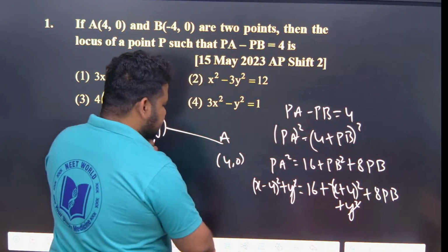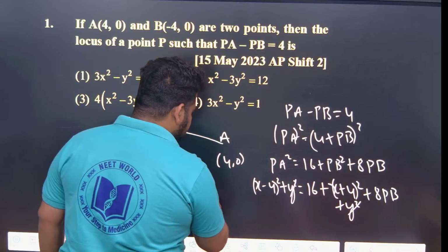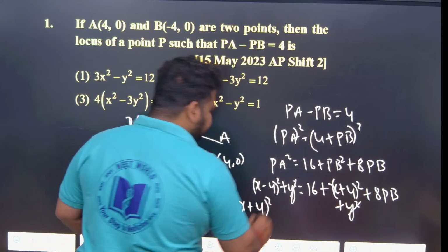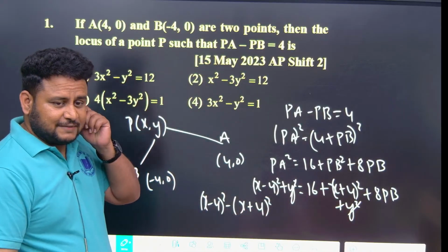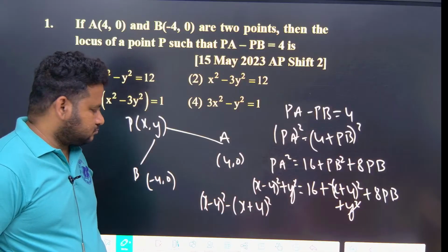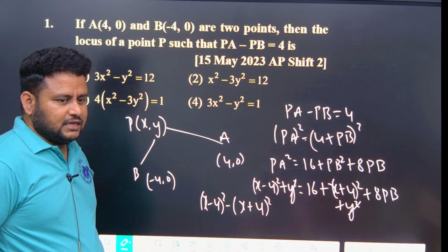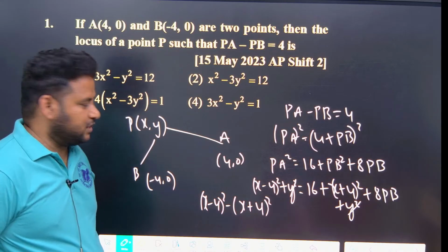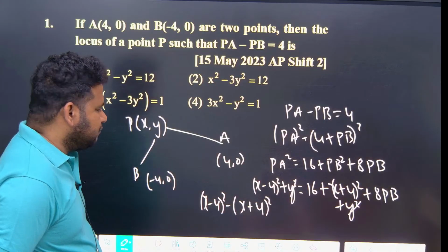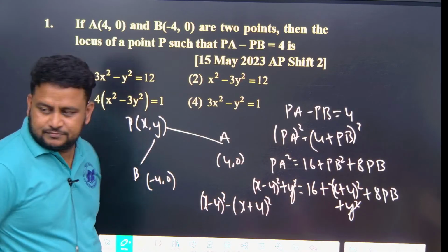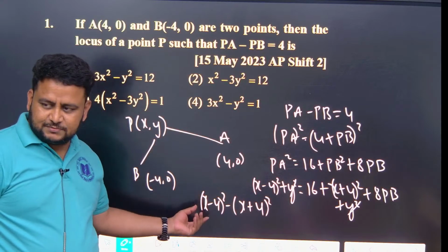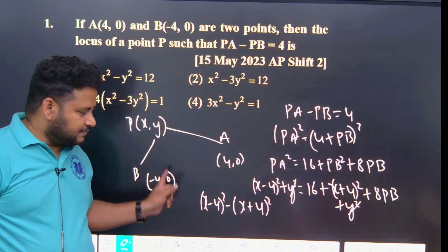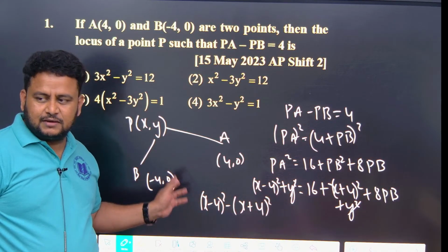Now what if I bring it this side? x minus 4 whole square minus x plus 4 whole square. So a minus b whole square minus a plus b whole square: a square and b square will cancel, we will have minus 2ab minus 2ab, that will give us minus 4ab.